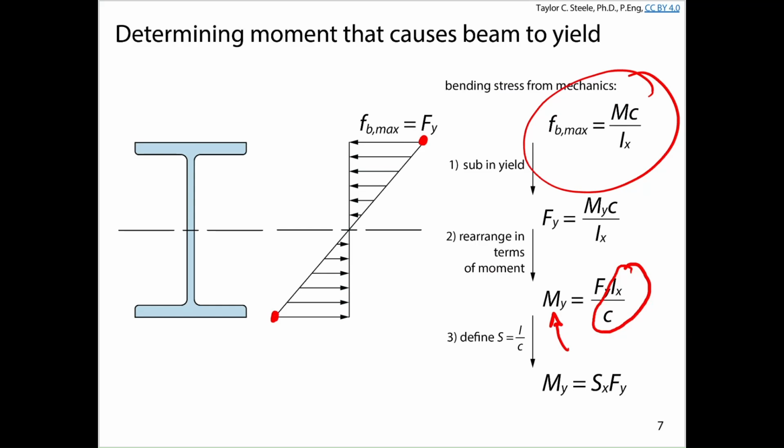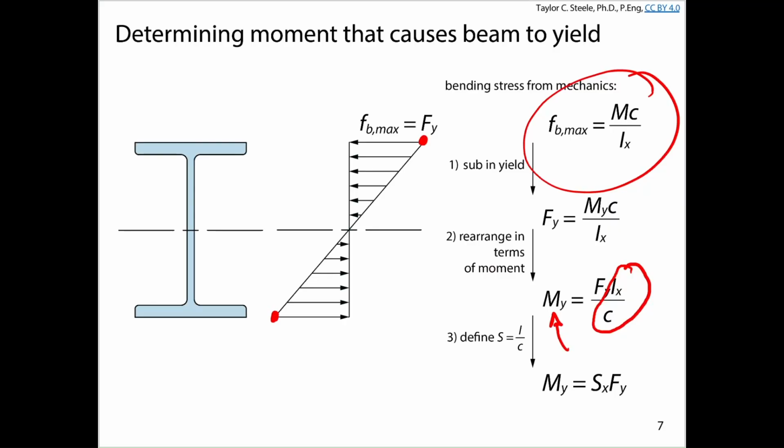In the handbook, right? So we're fortunate that all of these shapes that we deal with in steel design are pre-rolled. We've got a W, I don't know, 250 by 33 or something. You just go to the handbook and you look up the value of S. And once you find S, you can calculate the moment that would cause that beam to yield by multiplying that value by the strength of the steel in the beam.